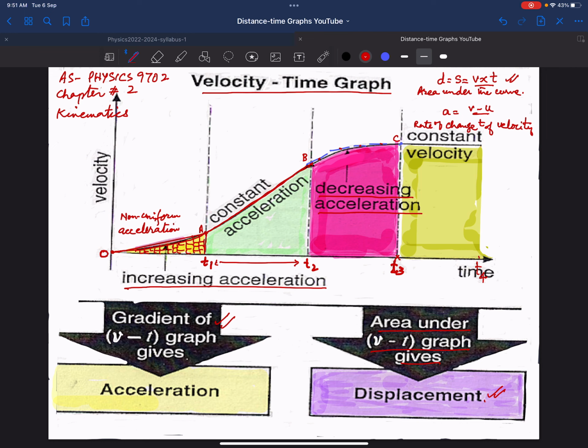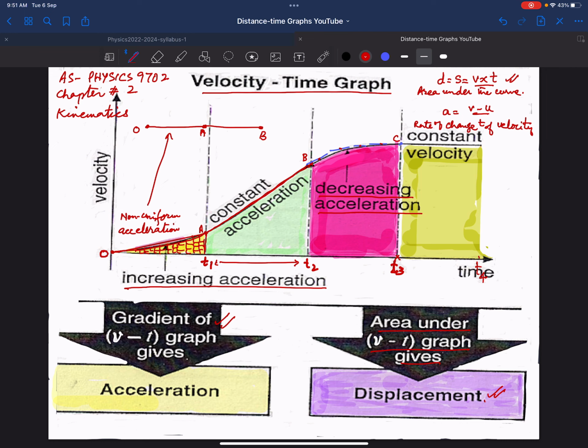But remember this thing, that you still have positive velocity, and the velocity has not changed direction. Suppose the car starts from point O. The car moves from point O to point A with non-uniform acceleration. Then from point A to B, the car is moving with a constant acceleration.